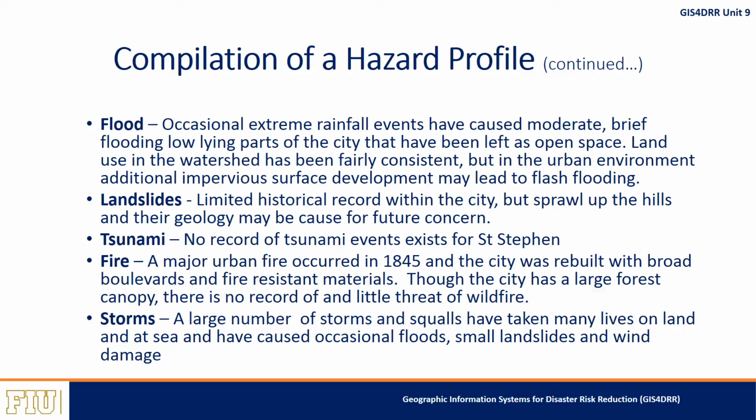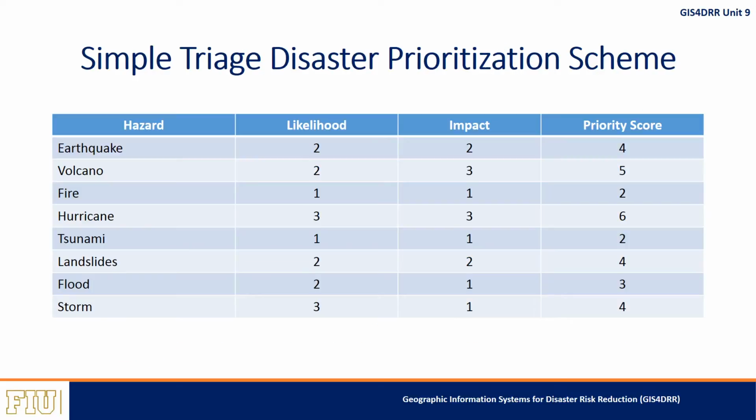There's no records of tsunamis in this region. A major urban fire occurred in 1845, and the city was rebuilt with broad boulevards and fire-resistant materials. Though the city has a large forest canopy, there's no record of or little threat of wildfire. Storms. A large number of storms and squalls have taken many lives on land and at sea and have caused occasional floods, small landslides, and wind damage.